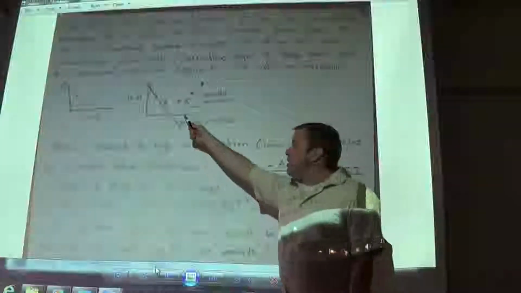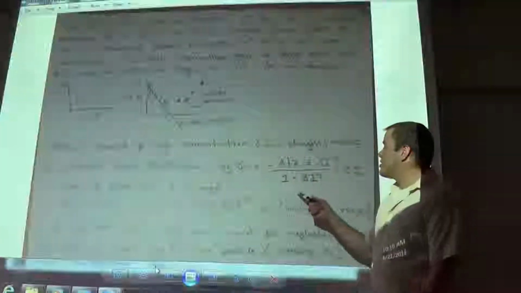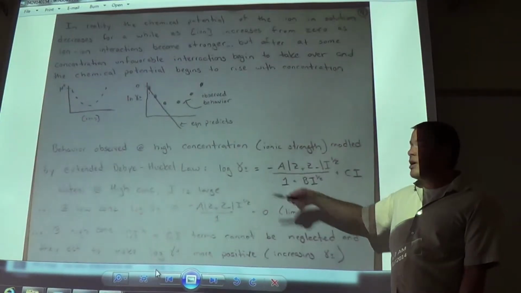Essentially, this equation accounts for what we see up here in the graph. At low concentrations, you're kind of reduced to the limiting law because I is approximately 0, so B times I is 0, and we end up with a term that is this divided by 1, and we get back the limiting law.